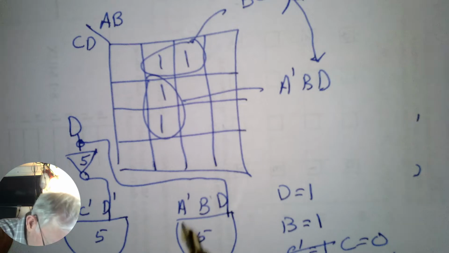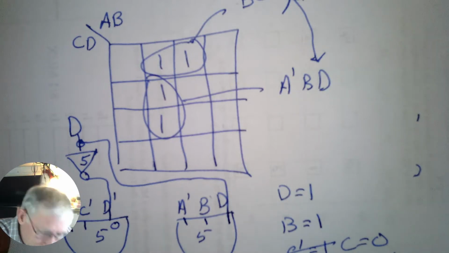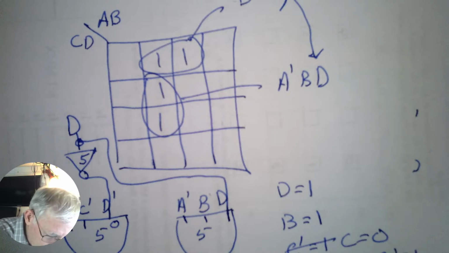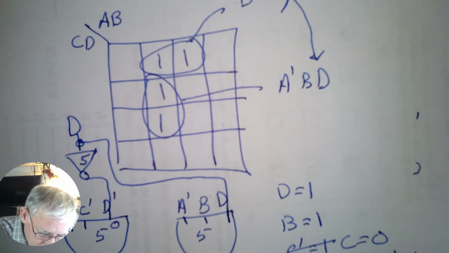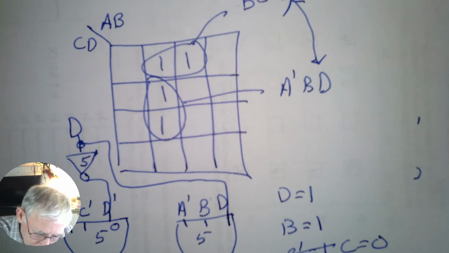So we'd have a 1, a 1, and a 1, and here we'd have a 1, a 1, and a 0. Then these go into another OR gate, and here's our output F, and we have another 5 nanoseconds.